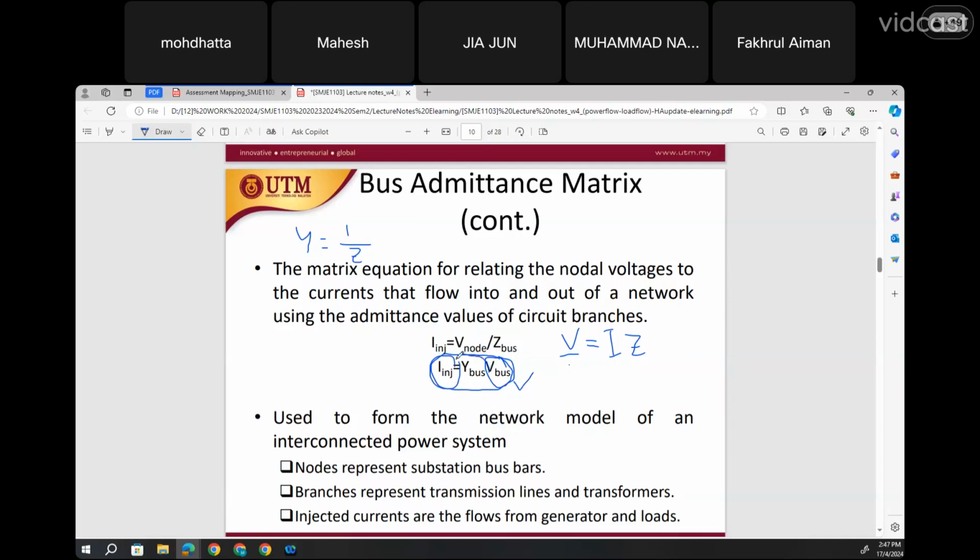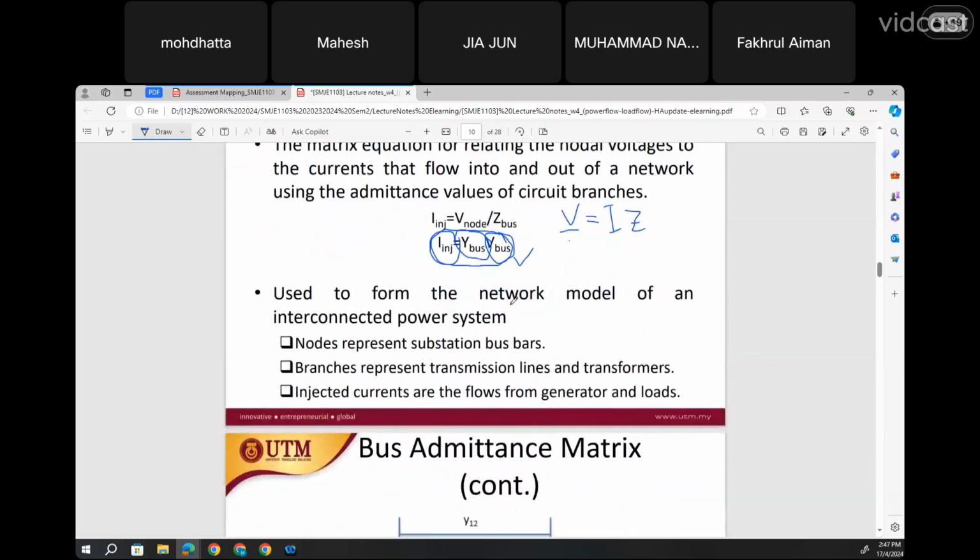And the admittance over here can be represented by the transmission line losses, or the impedance of the transmission lines.